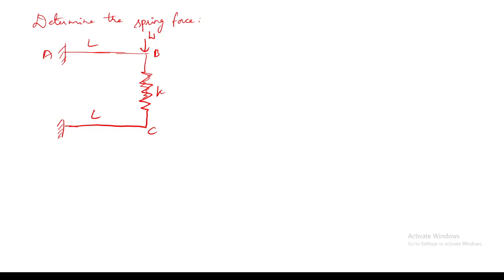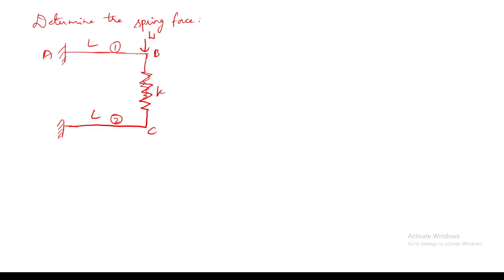For this, can anyone say what is the compatibility condition? You can name this member as 1 and you can name this member as 2. So due to this type of loading, what happens?